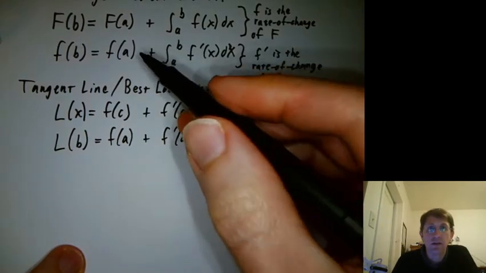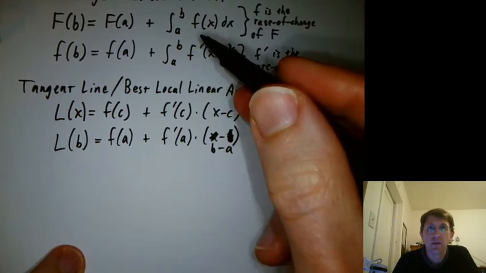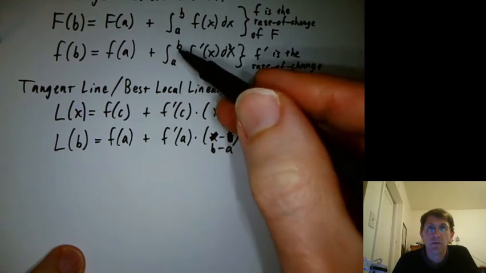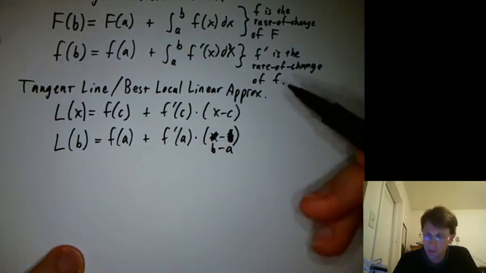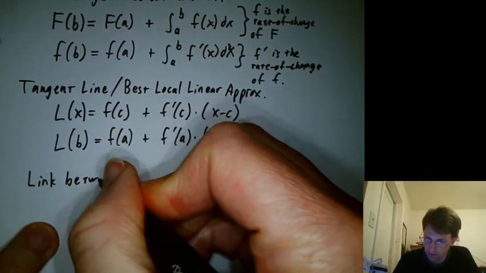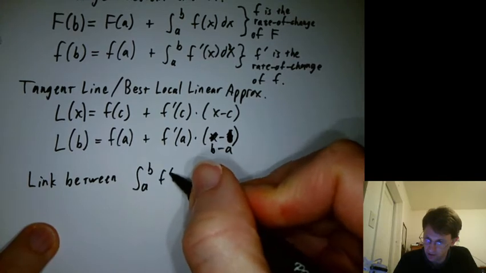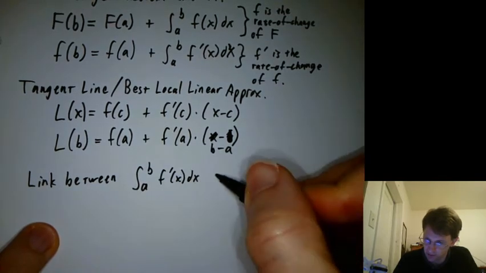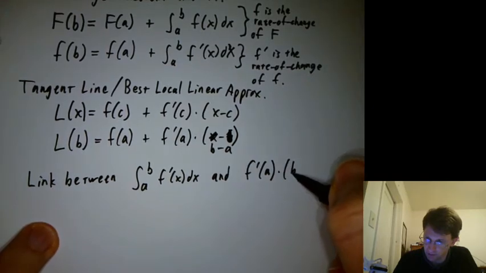So now is the link between those two a little more clear? Let's think about the link between the integral a to b of f prime of x dx and f prime at a times b minus a.